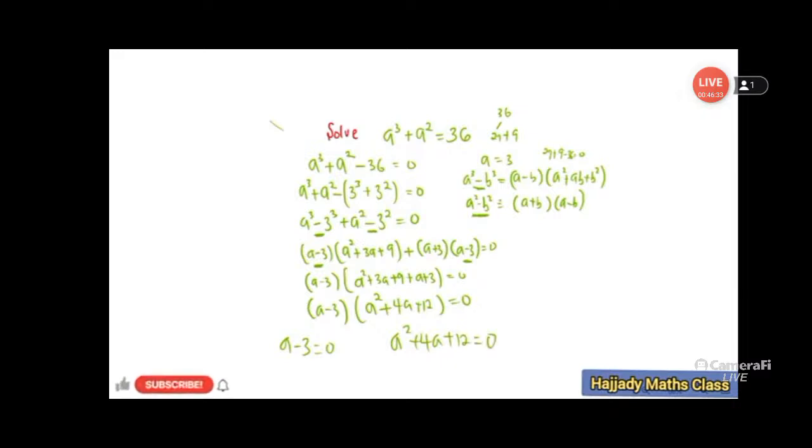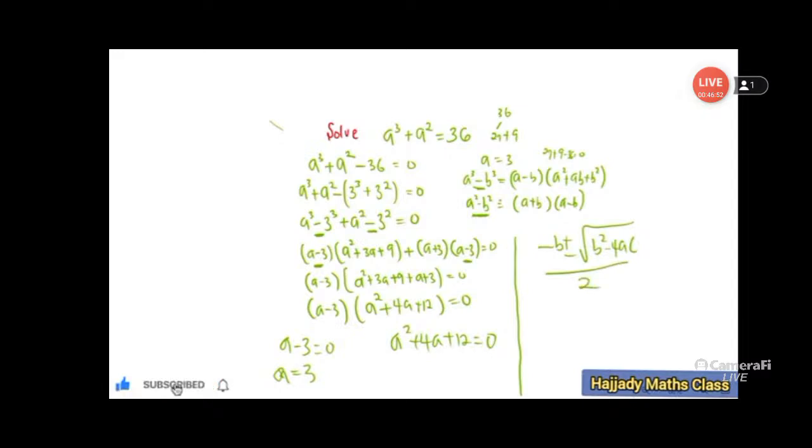Like stated earlier, my a can be equal to 3. Solving this using the quadratic formula, I can use minus b plus or minus root b squared minus 4ac, over 2a.